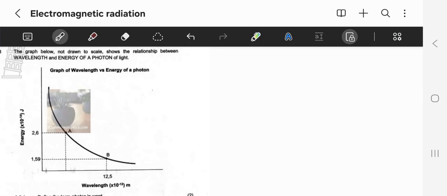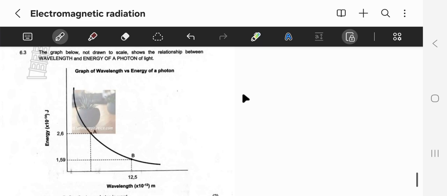Okay, guys, now we are in the next part of our question, and here it says the graph below, not drawn to scale, shows the relationship between wavelength and energy of a photon of light.